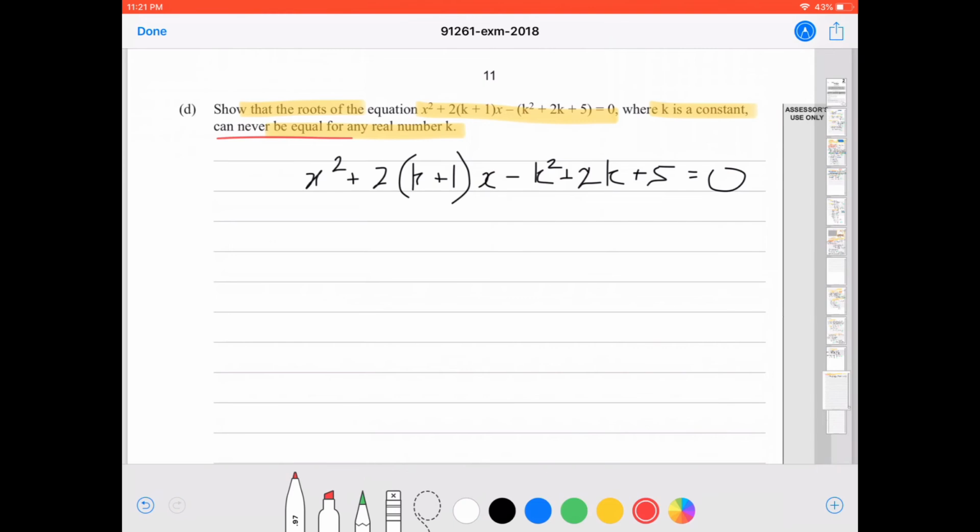If the roots can never be equal, well, let's assume for a moment they are equal. And so the discriminant, if the roots are equal, I can just illustrate this. Here, we've got two different roots. If the roots are equal, that means essentially there's only one root. It touches the x-axis once, like this, right?